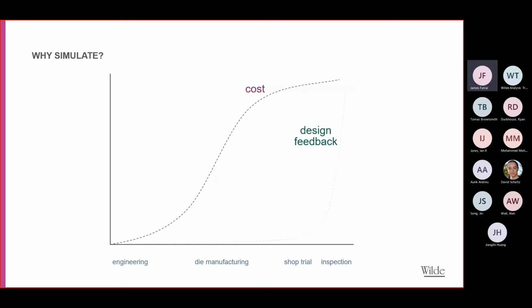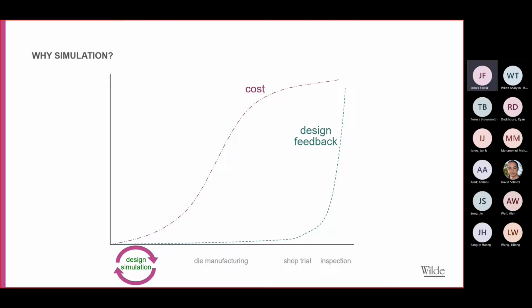So simulation really can help by providing design feedback much earlier in the process. If you look at a new process development, the cost of trials really ramps up. You do the initial engineering, you cut some tools, you do some trials, and you don't get any feedback until right at the end when you start inspecting the part and looking at how it's performed.